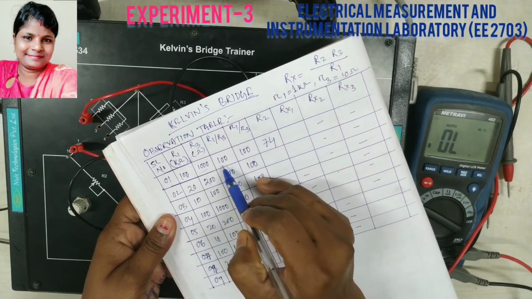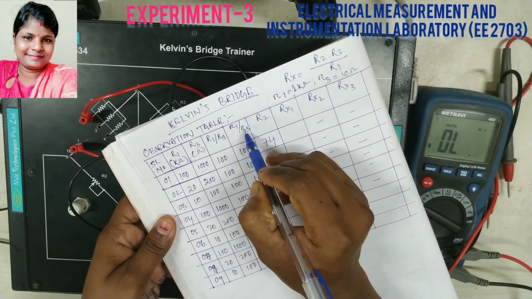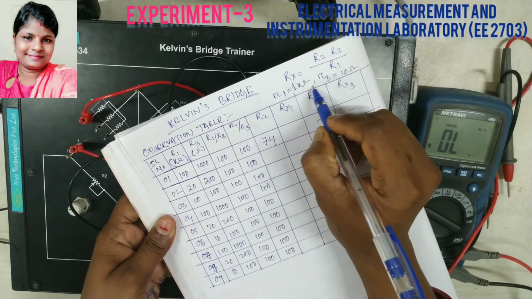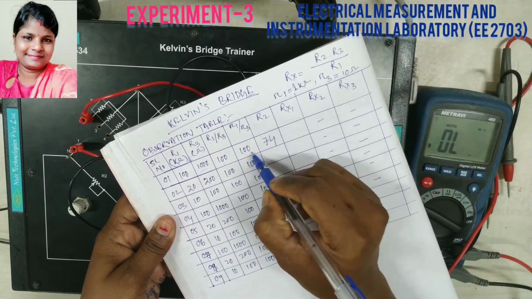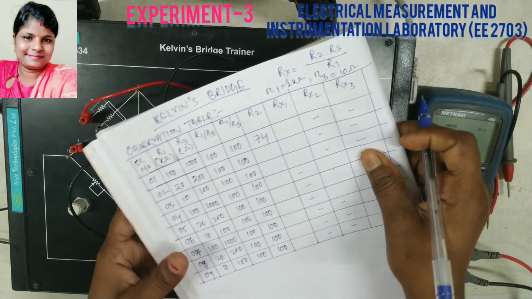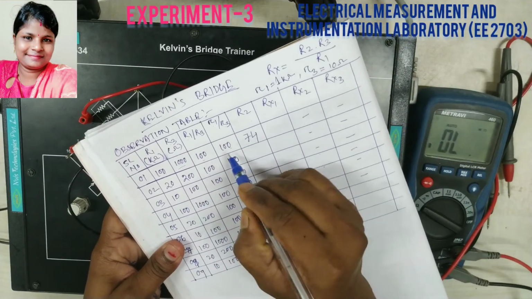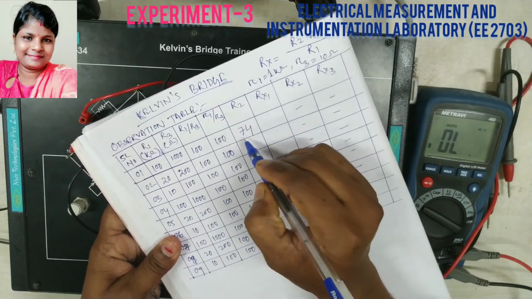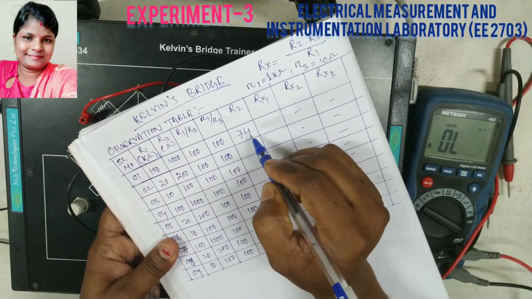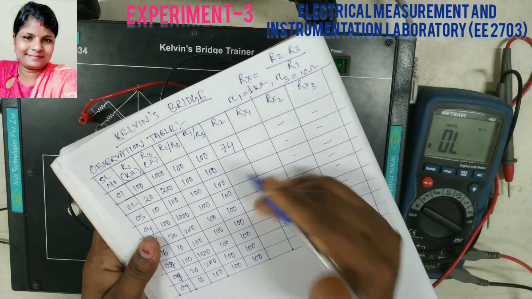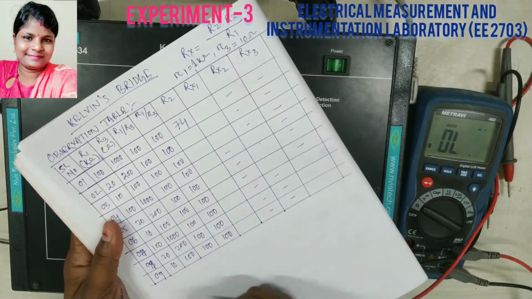So R1 by R3 is 100, and small r1 and r3 are given as 1 kilo ohm and 10 ohm, so small r1 by r3 is also 100. Here R2 is 74, so we have to calculate the value of Rx1.